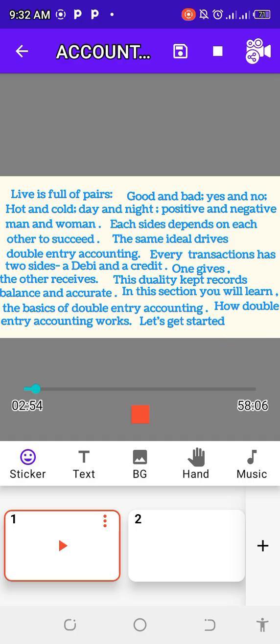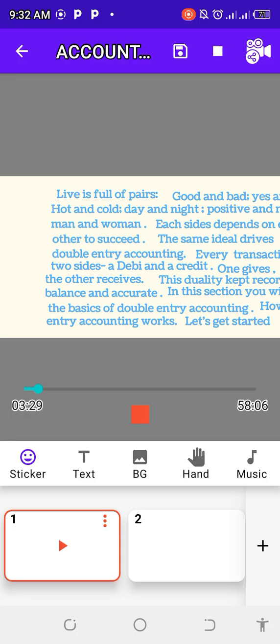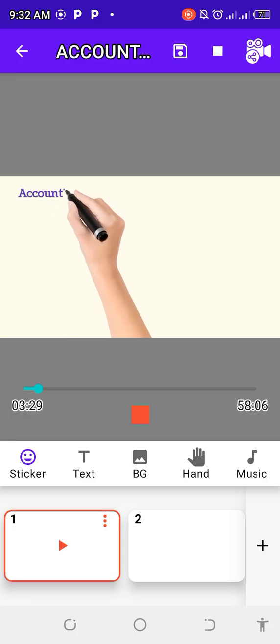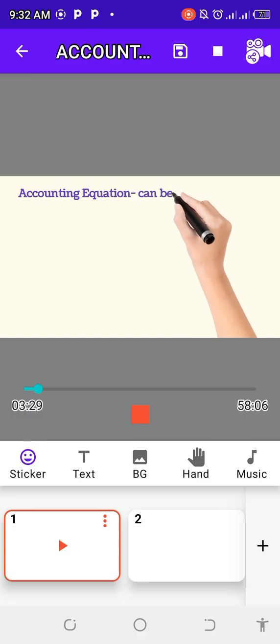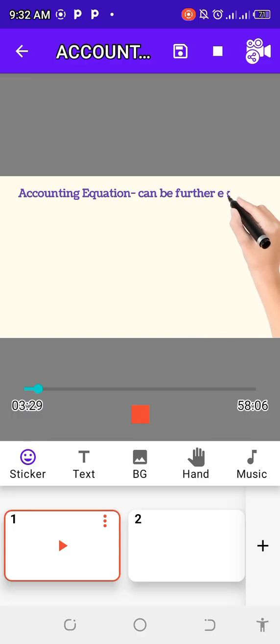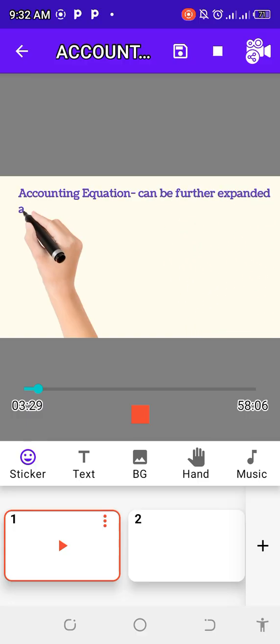Now, the accounting equation, which is assets is equal to liability plus equity, can be further expanded as: asset plus expenditure plus purchase plus drawing is equal to what?